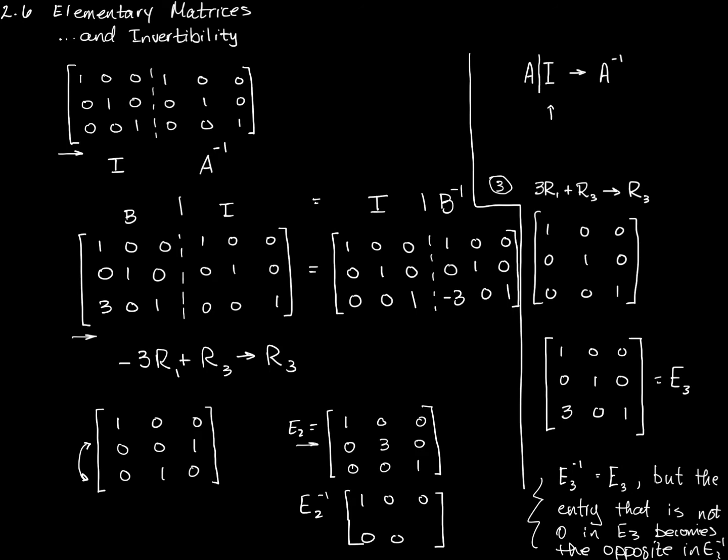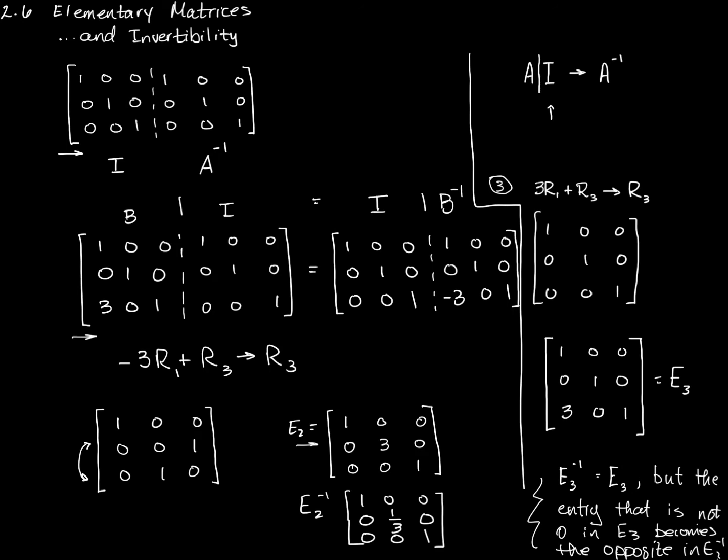The first and third rows are the same. It's the second row that's been modified here, so it's the second row that's going to be modified in the inverse. The normal entries, the entries that should have been zeros, are still zeros, but the one that should have been a 1, remember we scaled this by multiplying everything by 3, we're just going to scale everything by 1/3. Essentially, it inverts the operation that we did to the matrix.